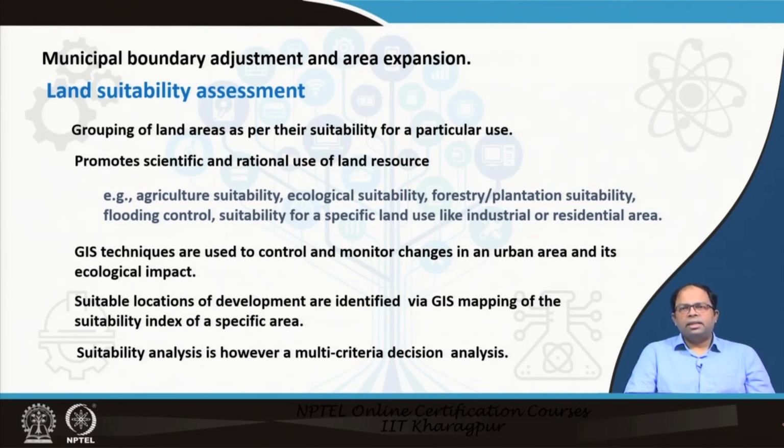So we can design areas which are supposed to take in this extra water during rainfall, and that is why flooding control areas also need to be determined. And as you can understand, flooding control areas don't need to be at a location which is very central to the areas which already have a lot of transportation infrastructure or other kind of development. So this is one criterion which could help us in deciding flooding control areas.